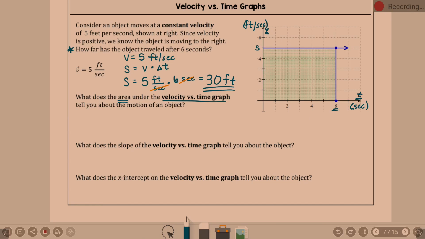So I have it listed here as total distance traveled. So area under a velocity graph is total distance traveled.